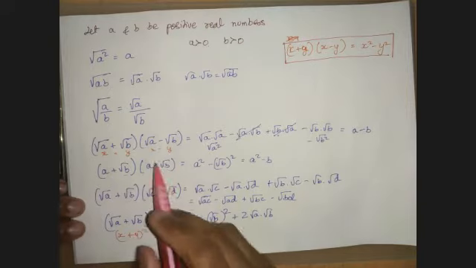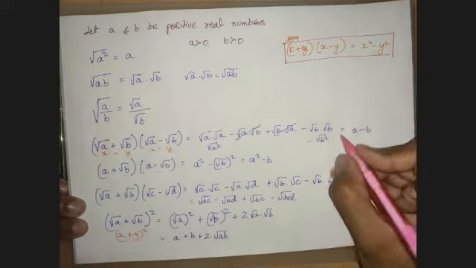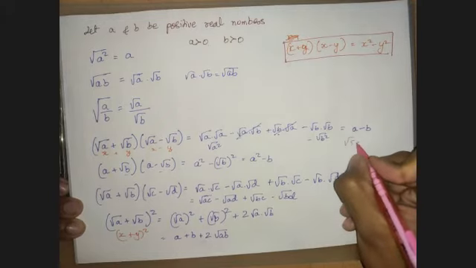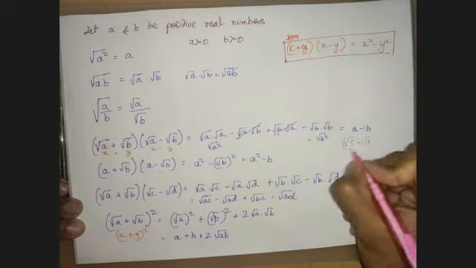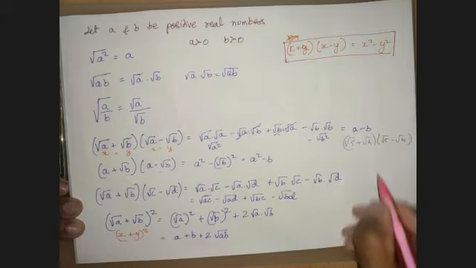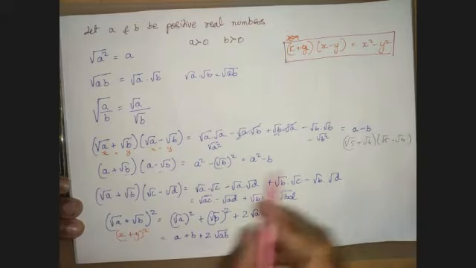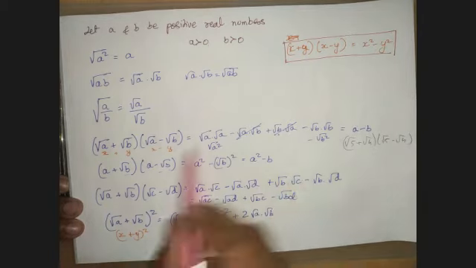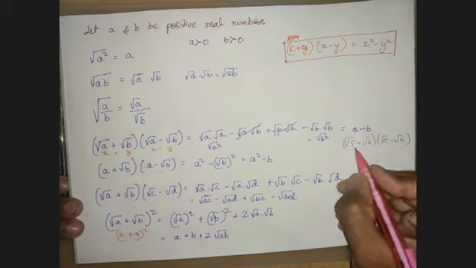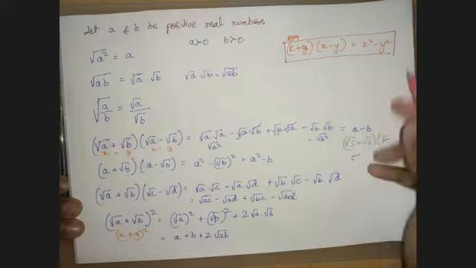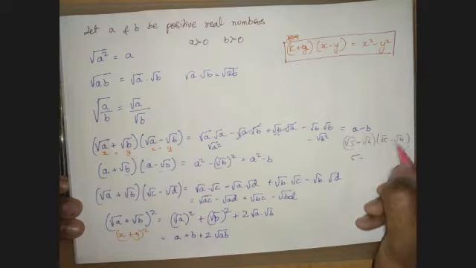If I wanted to give you an example for this case, let us take root 5 plus root 4 into root 5 minus root 4, for example. So what happens if we multiply, we need to get using this formula. Root 5 is x, so root 5 square, that is 5, minus y square, where y is root 4.